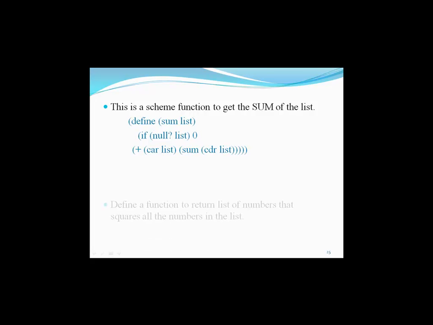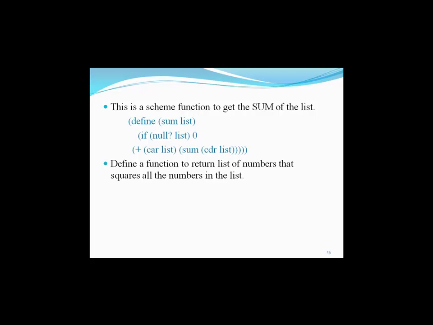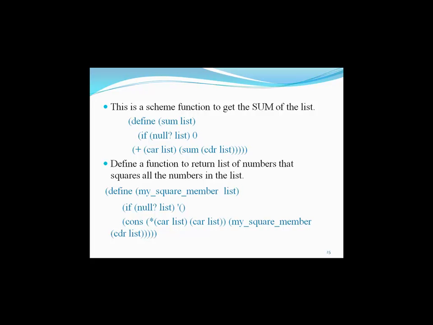Now we'll define a function that returns a list of numbers, squares of all numbers in the list. Define my square number list. If the list is null, we return an empty list. Else, we use the cons function to combine the two lists.